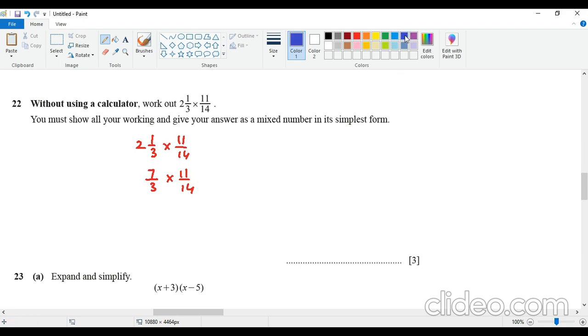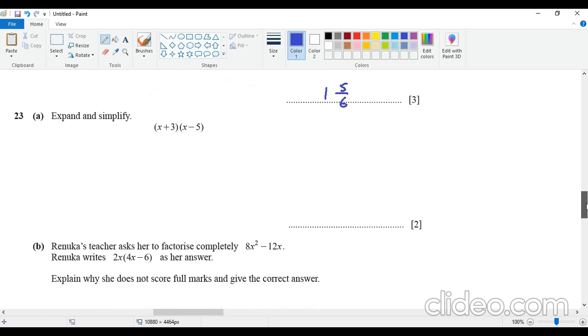You know very well the two numbers 7 and 14 can be simplified by 2. 7 times 1 is 7 and 7 times 2 is 14. So you may write 11 over 6. But the question says to write the answer in mixed numbers. So 6 times 1 is 6 and 5 is the remainder, which becomes the numerator of this question.